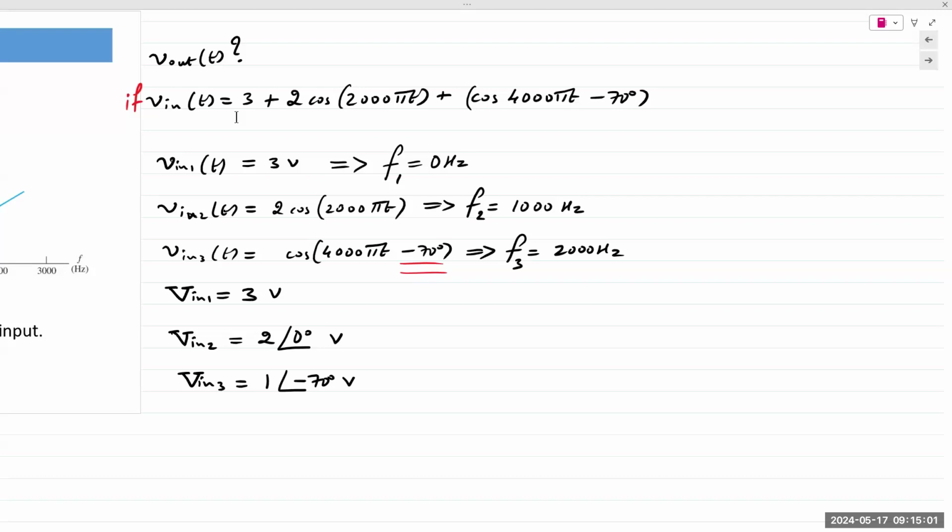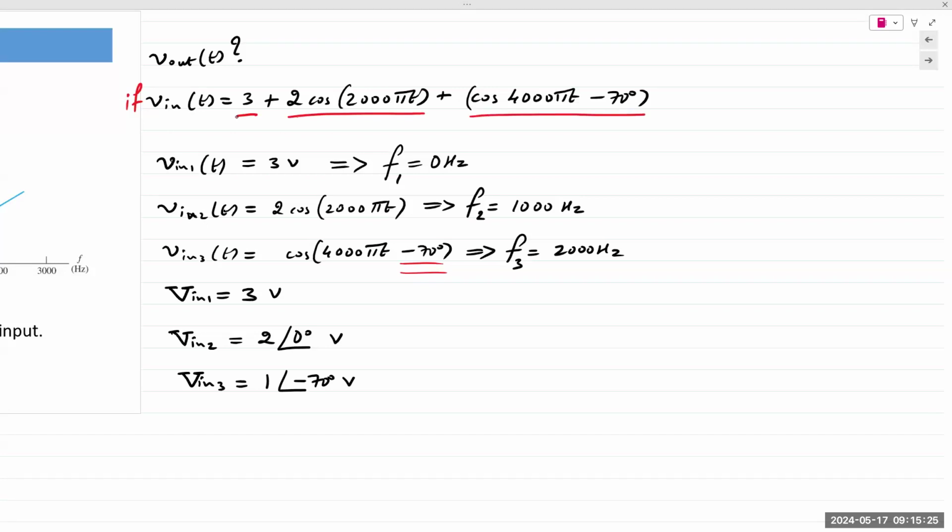First thing we notice, it's made up of three independent quantities. The input signal has three different components. 1, 2, and 3.